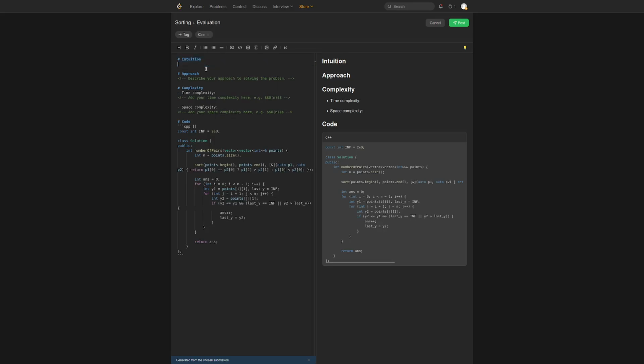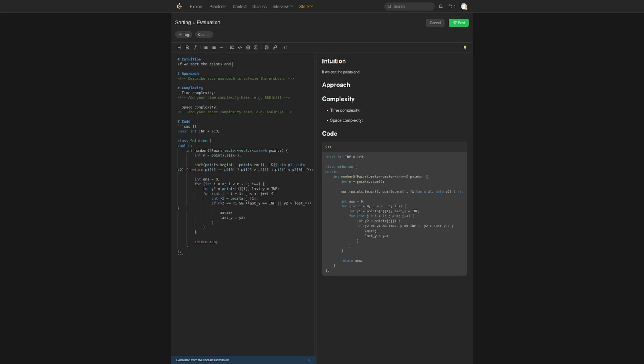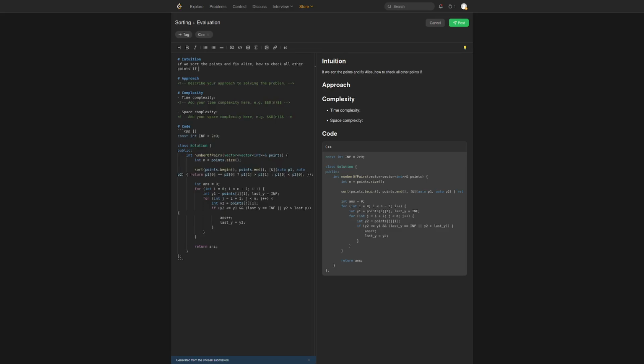So if we sort the points and fix Alice, how to check all other points if they can be, if Bob can be there. If Bob can be there.